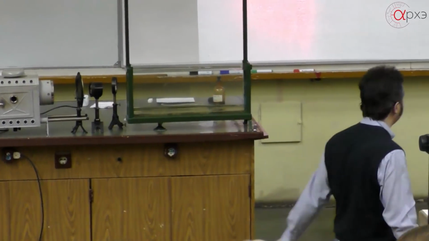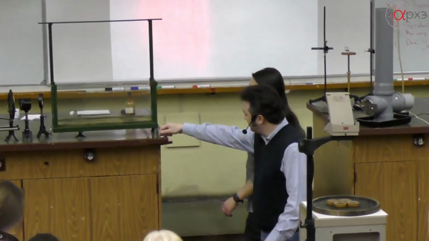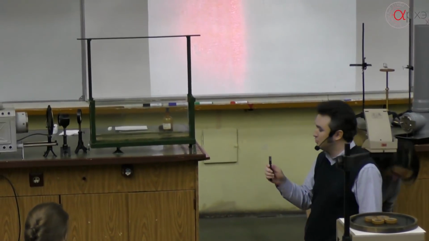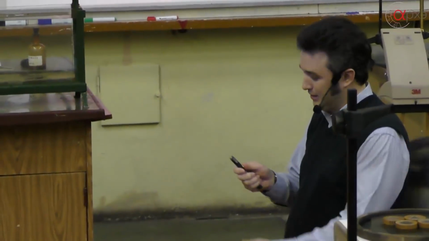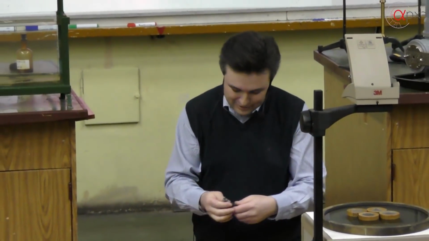So now, let's start with the simple experiment where we have a laser pointer. So where's our laser pointer? Okay, here it is. Now, this is a laser pointer that you can purchase in any shop, I think.